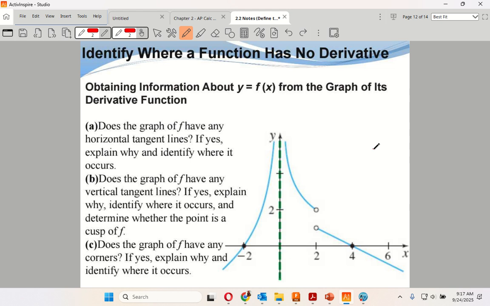And then could you find the slope of the tangent line somewhere like where it jumps, on one of those sides? Yeah, in between 2 and 4 you can.